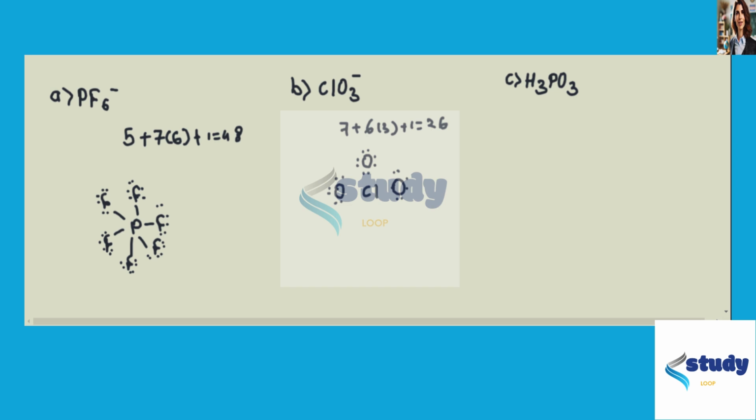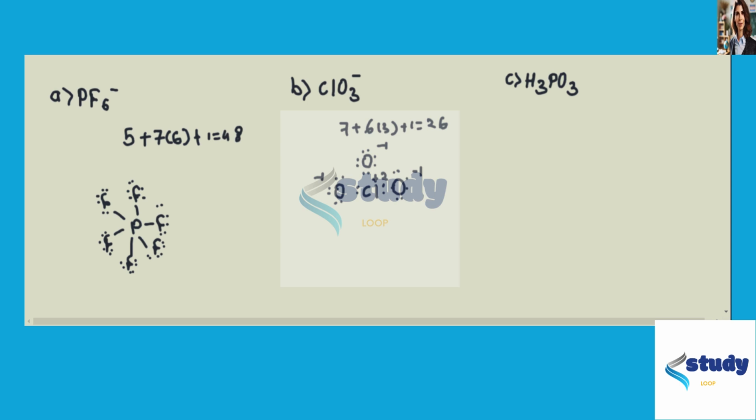It turns out our formal charges show that we have a +2 formal charge on the chlorine, and the oxygens each have a -1 formal charge, which makes sense, but the closer the formal charges are to zero, the better the structure is. Let's take a look and see how we can fix this.